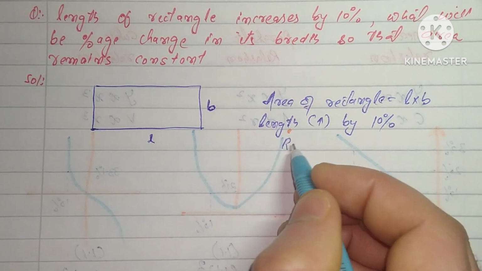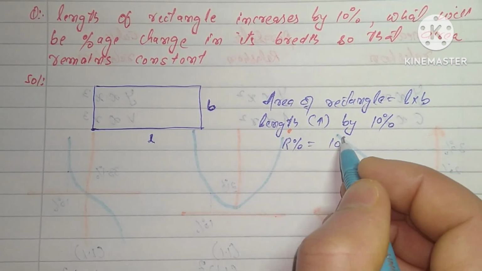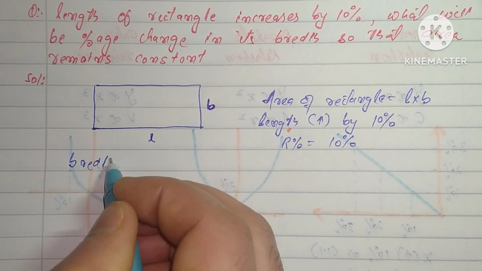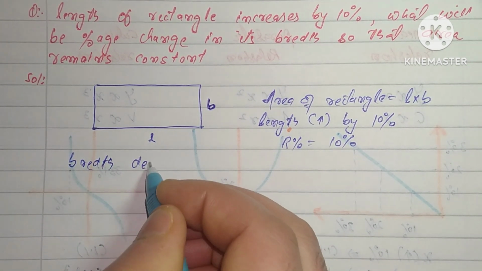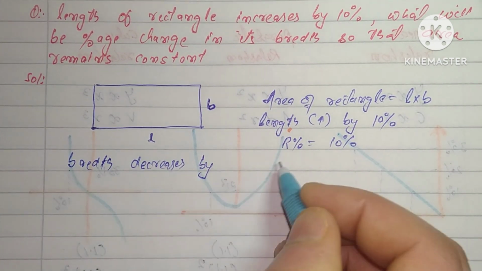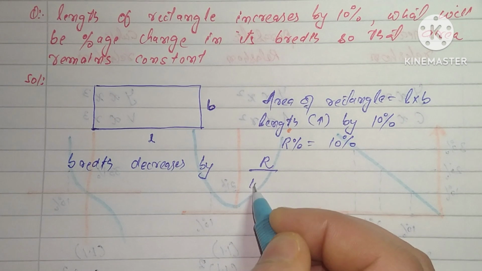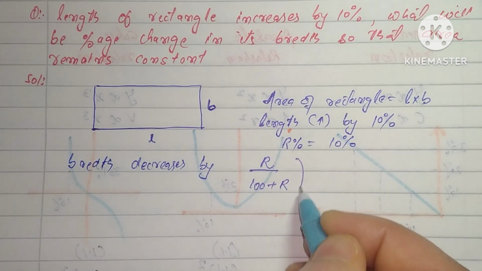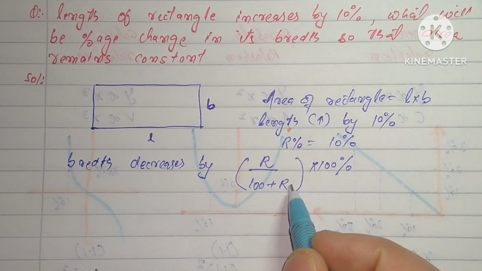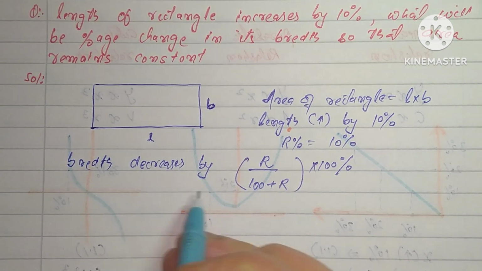that is r percent is 10%, then breadth has to decrease by, for decrement it is r divided by 100 plus r into 100. This is the percentage by which breadth should decrease.